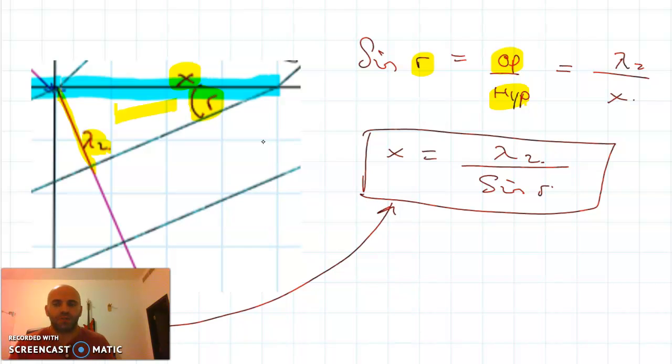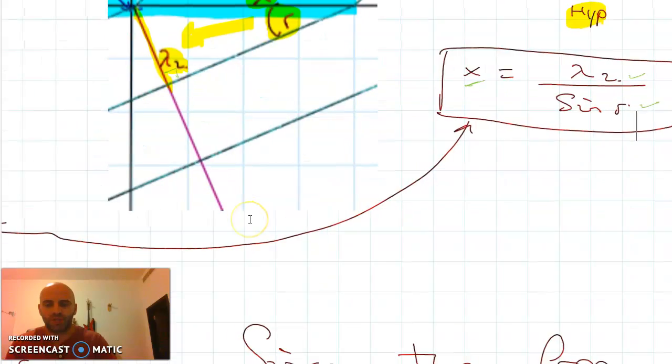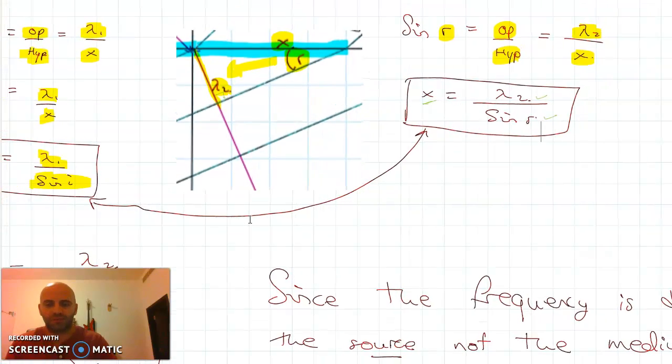The opposite is lambda 2, and again the hypotenuse turns out to be x, because the hypotenuse is on this side of it, the right angle being down here. So x is equal to lambda 2 over the sine of the angle of refraction. You can probably see where I'm going with this now.